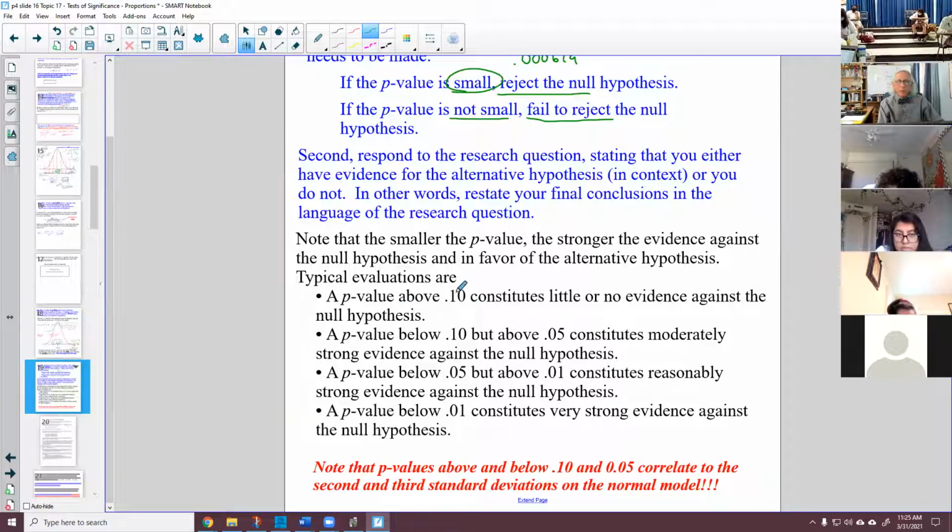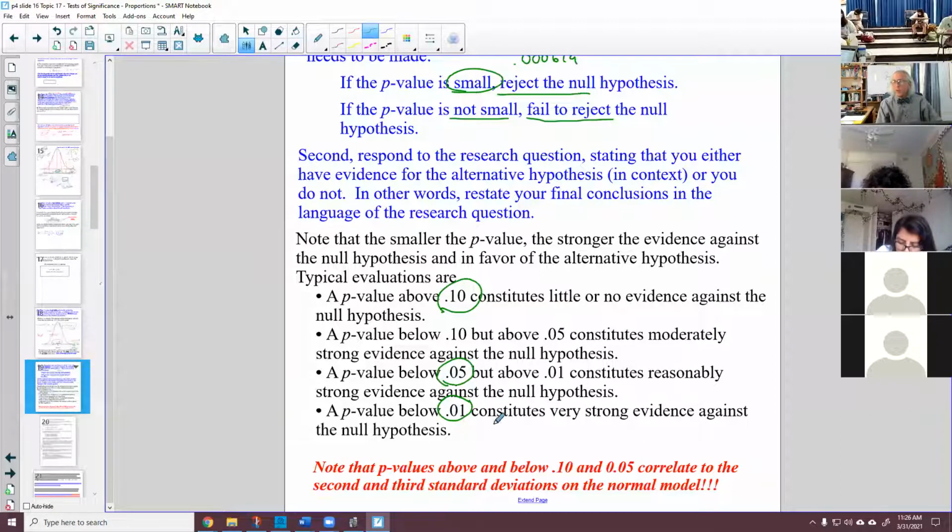A p-value above 0.1, you're not going to reject it. But a p-value smaller than 0.05, that is reasonably strong evidence against the null hypothesis, and a p-value below 0.01 is very strong evidence against the null hypothesis.